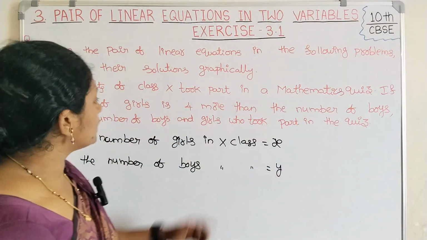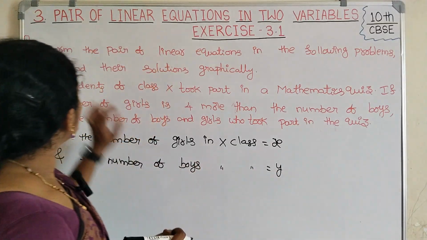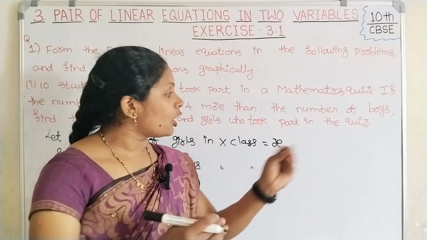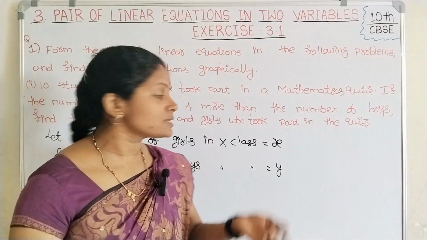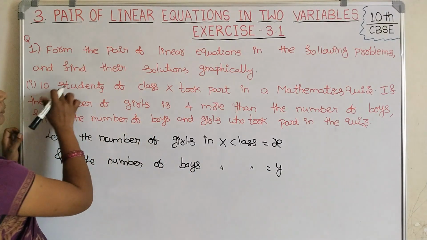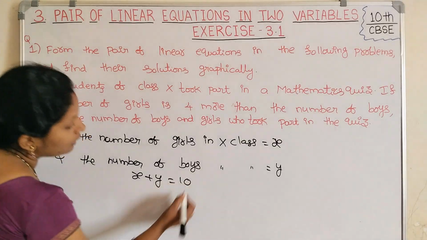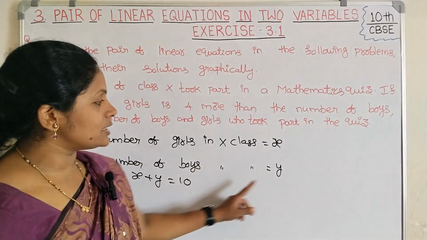We have taken the girls as x and the boys as y. In the class there are 10 students. They haven't mentioned how many girls and how many boys there are. As we know, in a class both girls and boys are there. That's why from this, can we write x plus y is equal to 10? Here, we have taken the number of girls as x and the number of boys as y.